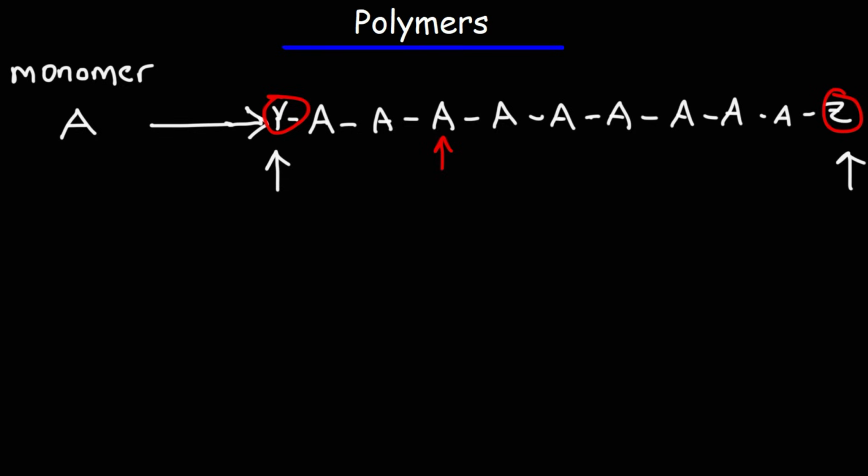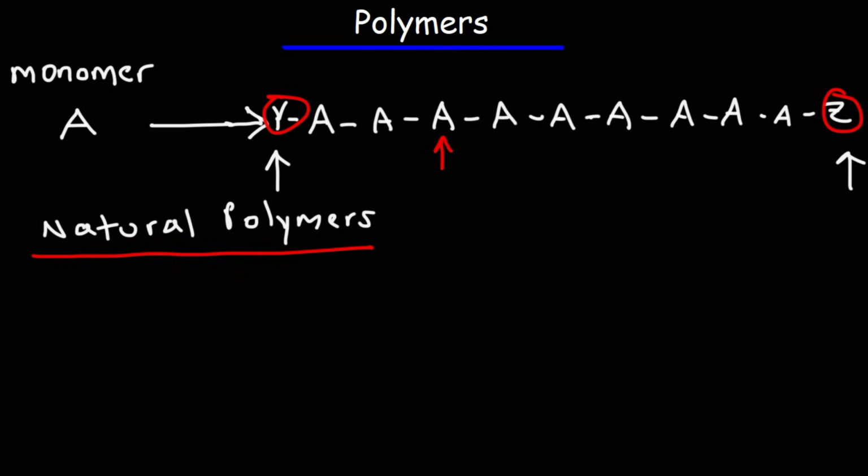So now that we've discussed the basics of polymers, let's talk about some common natural polymers that you've likely encountered in biology. So think of DNA. DNA is a natural polymer.